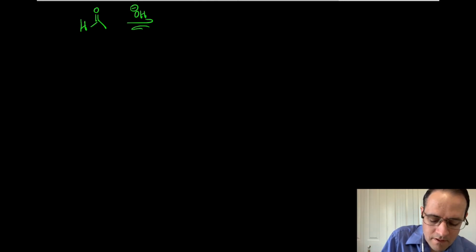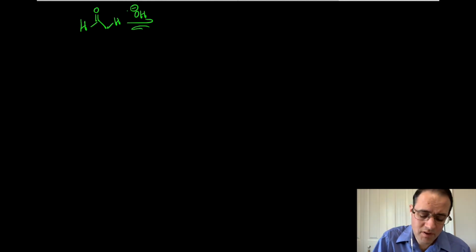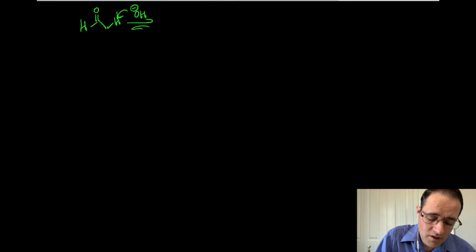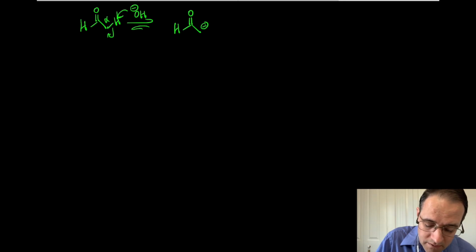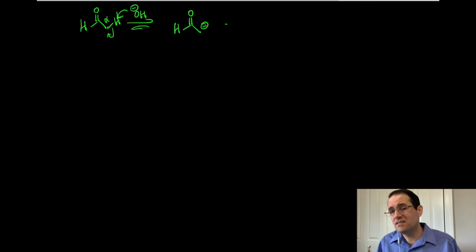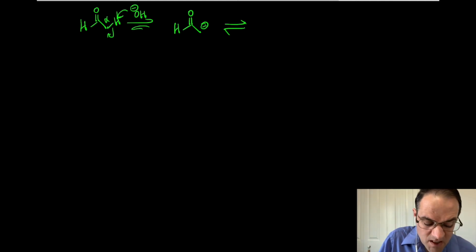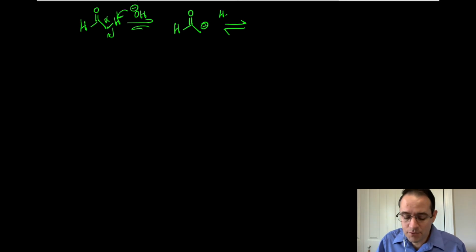As before, the first three steps are going to be the same as I discussed. You're going to have hydroxide come in and deprotonate the alpha hydrogen, and this is going to give you the enolate. The enolate, since it's a nucleophile, is going to attack another equivalent of aldehyde that's in the reaction mixture.